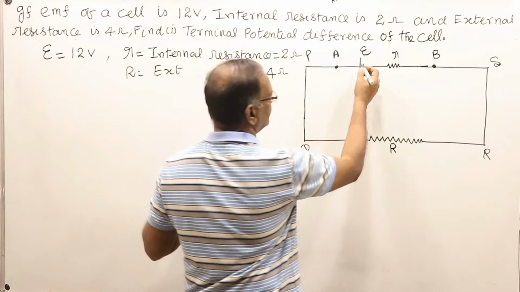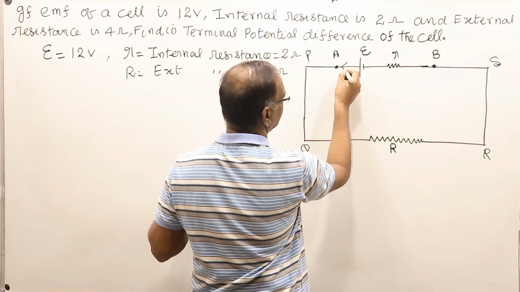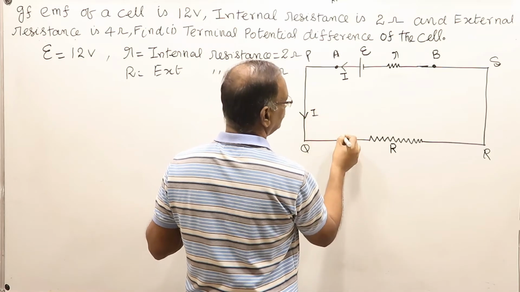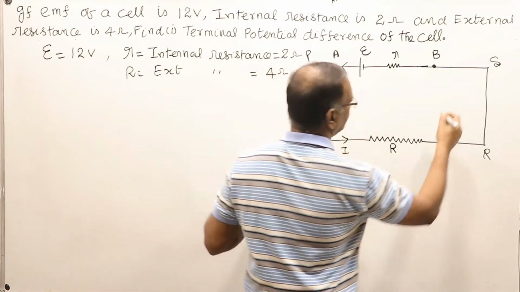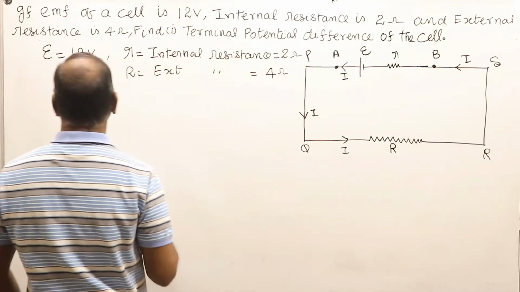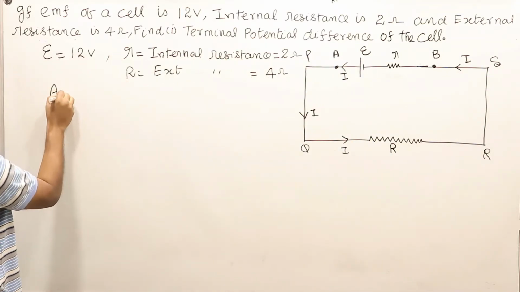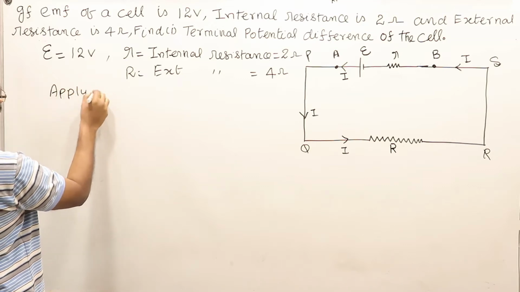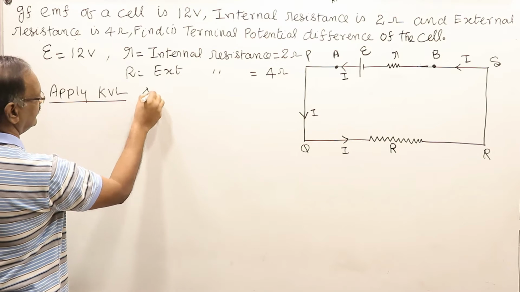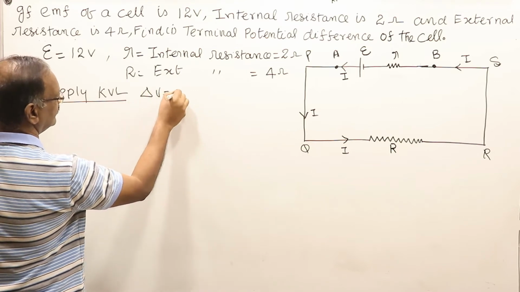Since this is a battery, current I will flow like this. We apply Kirchhoff's voltage law, that is, delta V is equal to 0.